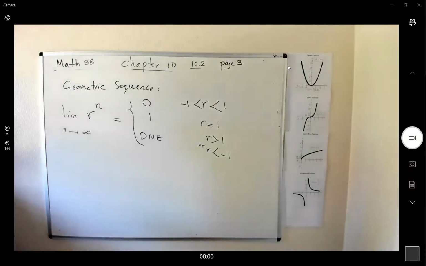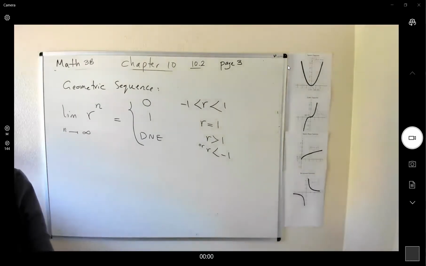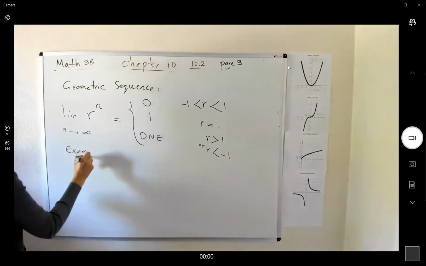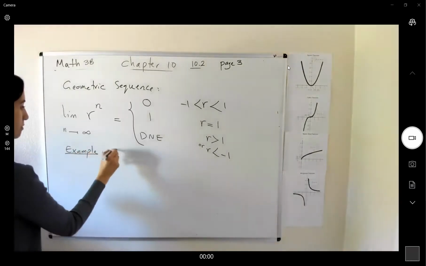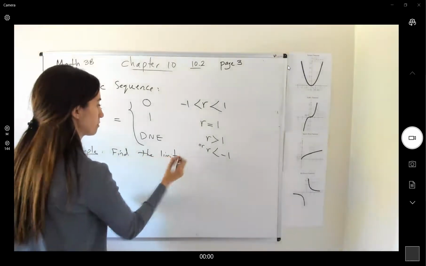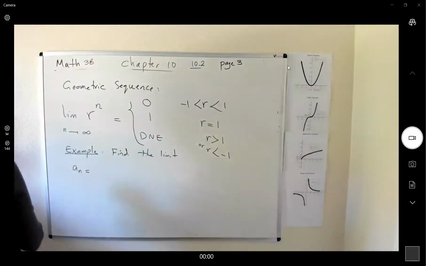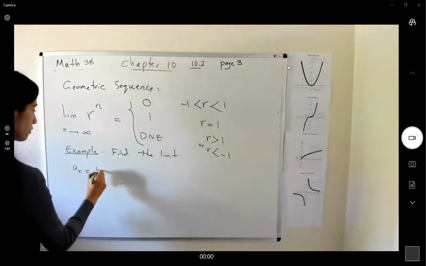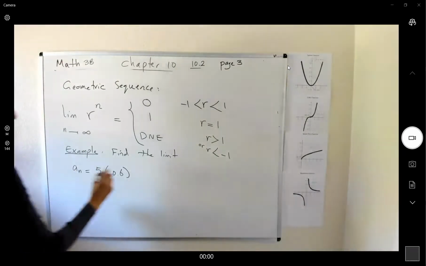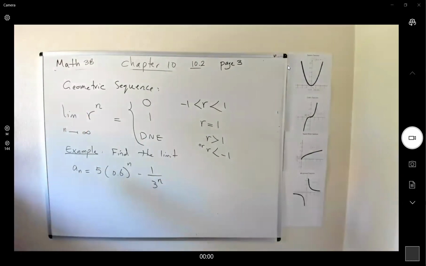Okay, example. This example says find the limit of the following sequence. The first sequence is a sub n equals 5 times 0.6 to the n minus 1 over 3 to the n.